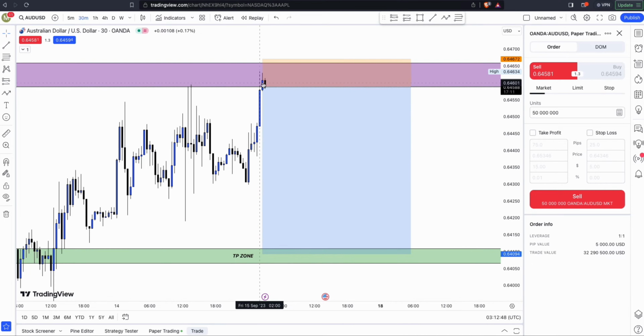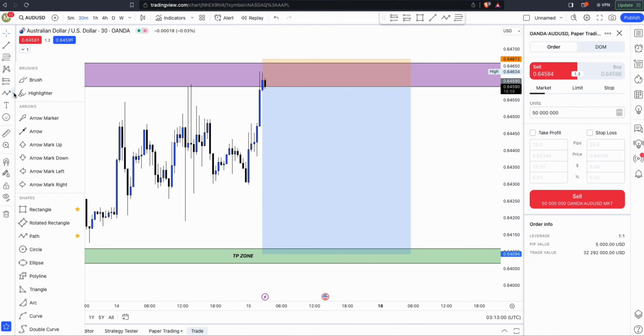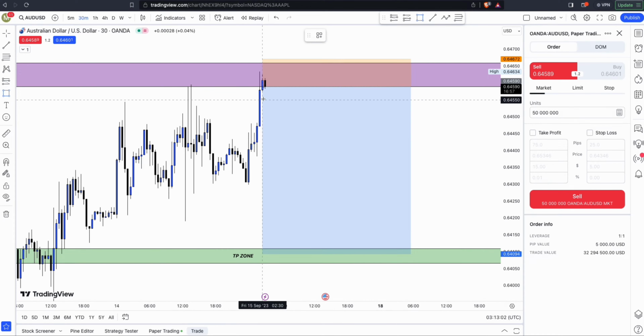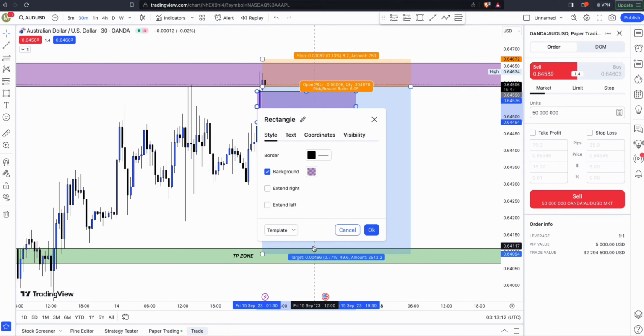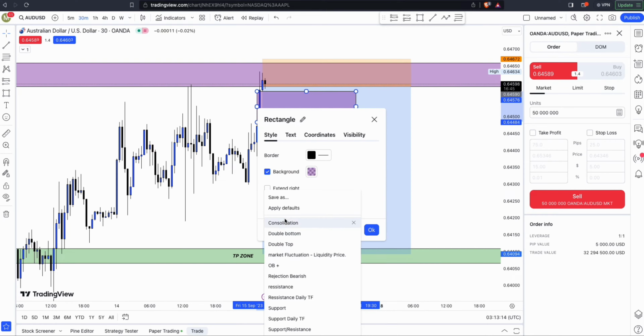So I'm just waiting for this bearish candle to actually close, and we have another bearish candle, because what's happening here is we have a huge fair value gap, and I'll be talking about fair value gaps in detail in another video. I don't think I have a preset for FVG.